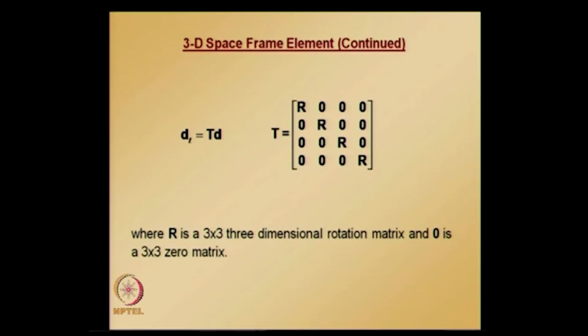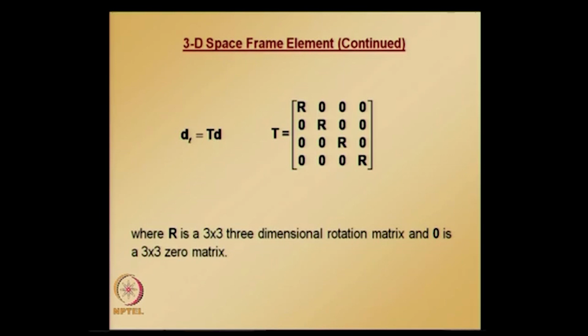The components of a vector along local x, y, z coordinates are simply projections of its components in the global coordinate system, capital X, capital Y, capital Z, along the local axis.